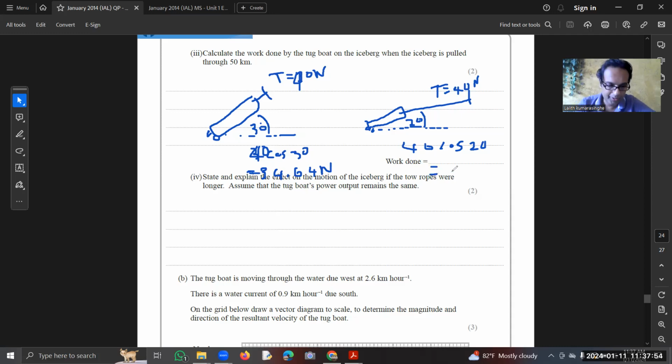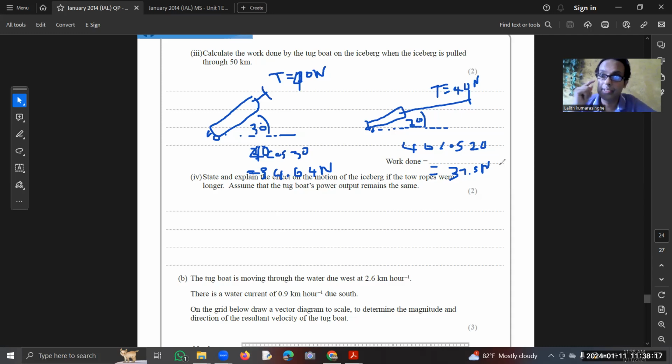That one, 40 cos 20, is 37.5. Correct, no? 37.5. Greater horizontal component, greater acceleration. If you move the same distance, greater horizontal work is done.